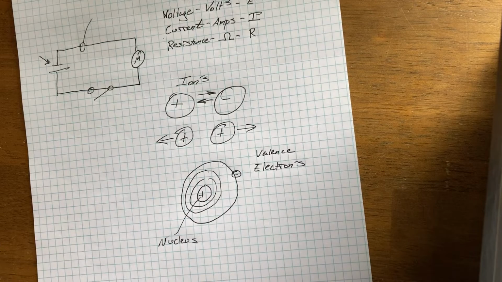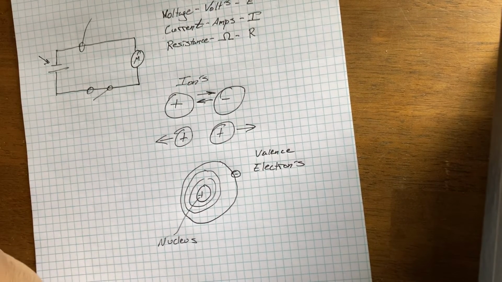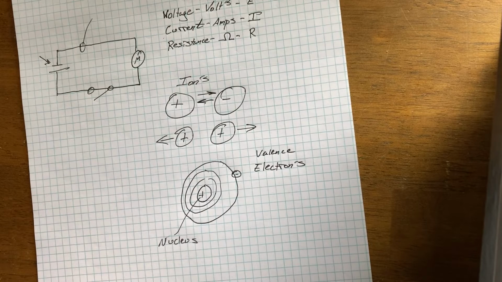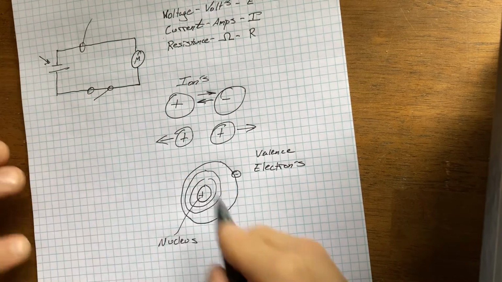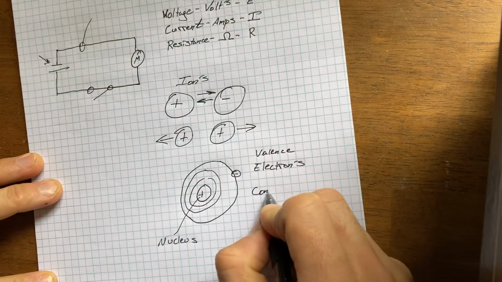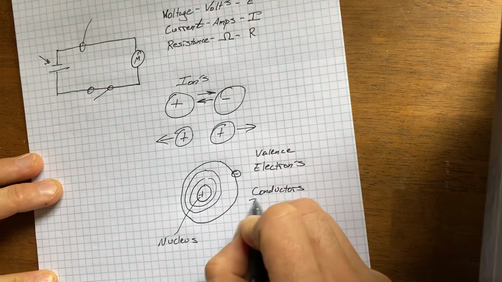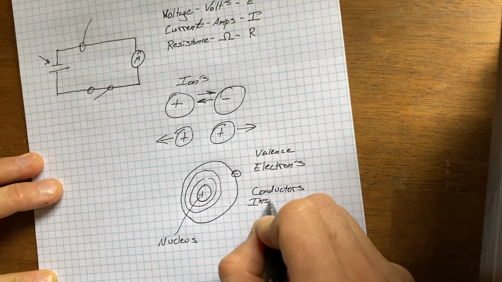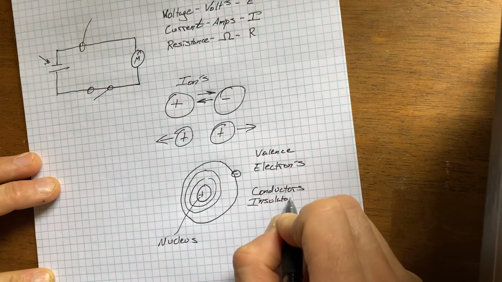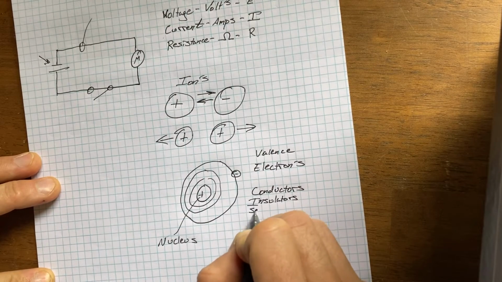And the reason that's important to us is because, like I said earlier, one of the basic components of an electrical circuit is a conductor. So we have conductors, you have insulators, and then you have semiconductors.